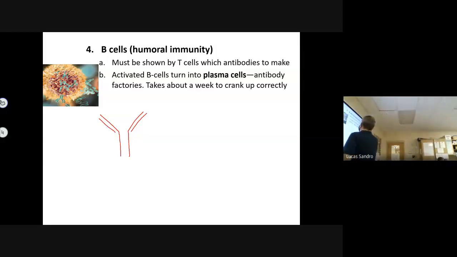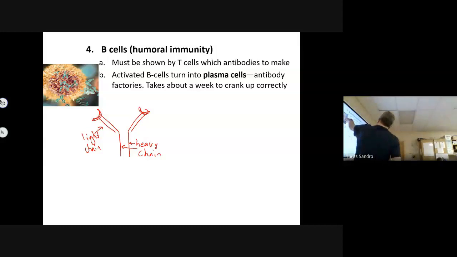Basically, this is the light chain, and those are the heavy chains. The important part is an antibody is real little. They're little tiny fragments of amino acids.